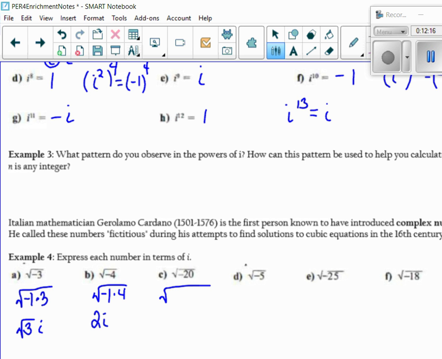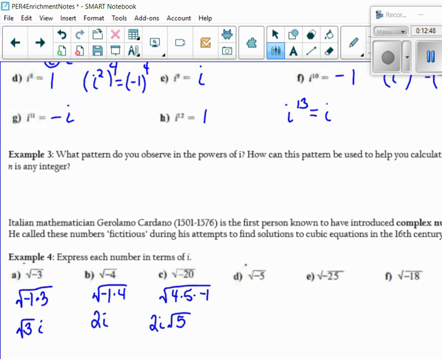So this is the same thing as the square root of 4 times 5 times negative 1. You're going to learn this in a couple of lessons anyways. The square root of 4 can be taken out as a 2, because the square root of 4 is 2, right? The square root of negative 1 can be taken out as an i. And then the square root of 5 we just leave inside because we can't really do much with it.